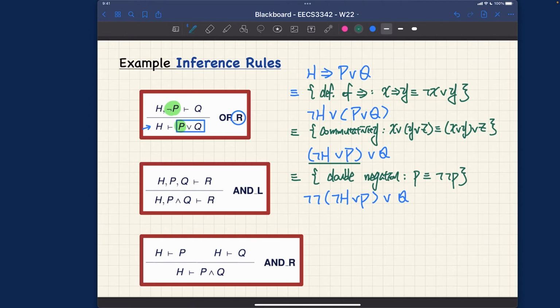I'm going to make the proof a little bit smaller in font just at the end. Equivalent to, and then we can apply De Morgan, which is about, if I say not X or Y, equivalent to not X and not Y. Right?